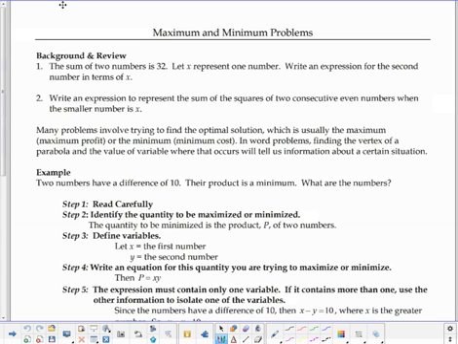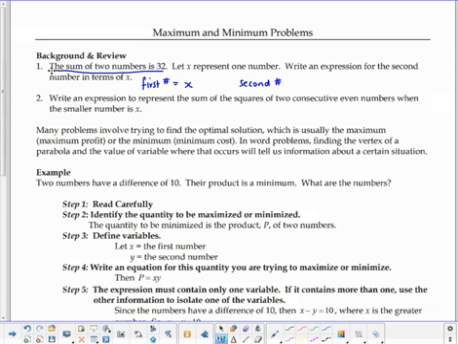So just some background. If I told you the sum of two numbers is 32, how would you write that? If x is one number, what's the second number in terms of x? Our first number is x. Now instead of saying just x plus y is 32, how can I write the second number in terms of the first with the x variable?